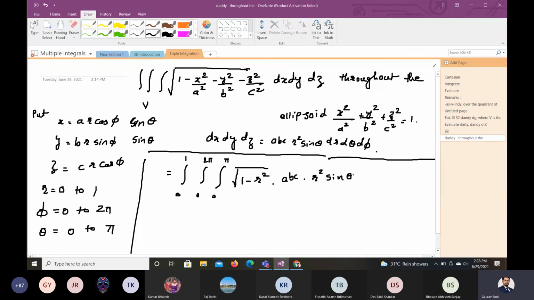What has to be the order? d theta, d phi, and dr. So limits are constant. Integrand is the product of the functions of r, theta, and phi. So I can simply separate it. abc being constant can come outside. 0 to 1 under root 1 minus r square r square dr.